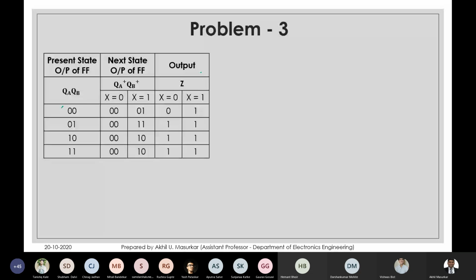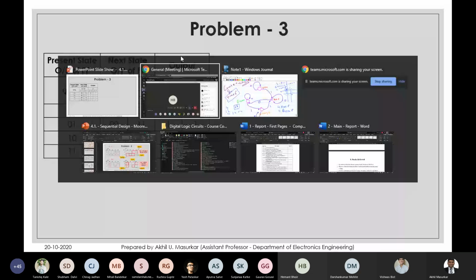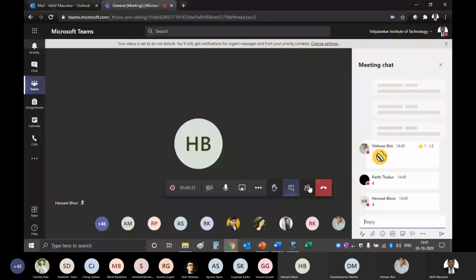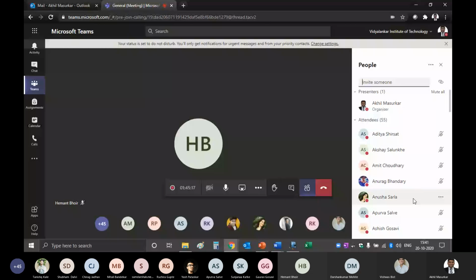Okay, so now time for some question answers. Please build this state diagram.